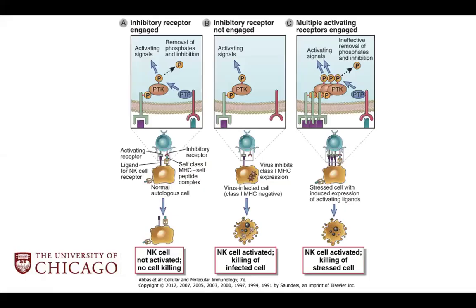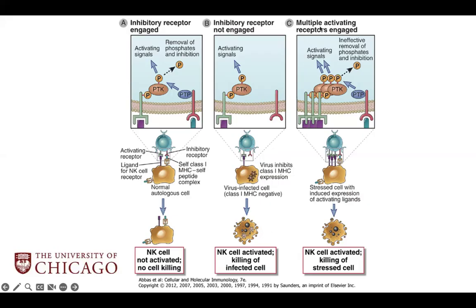Okay, so here is just an example that shows engagement of an inhibitory receptor on the outside of a cell, and if it is all inhibitory, then there is no cell killing. If it's all activating, then of course the signal is going to be to kill the cell. That's a sign that it is viral infected and needs to be done away with.